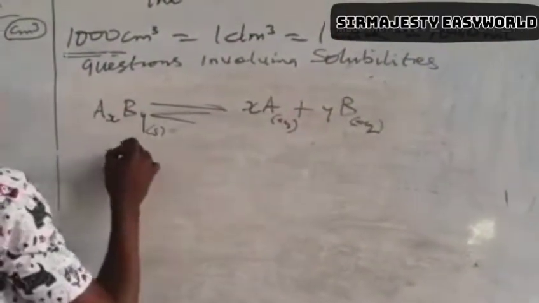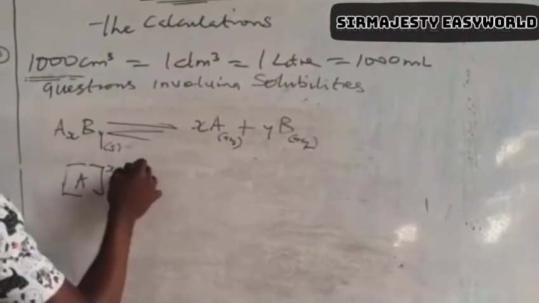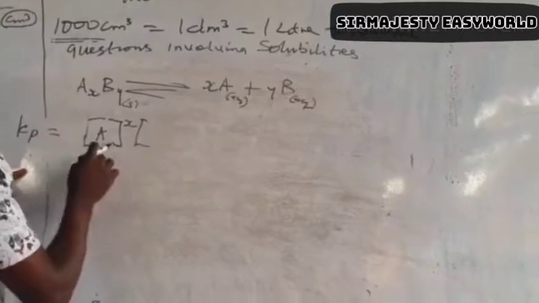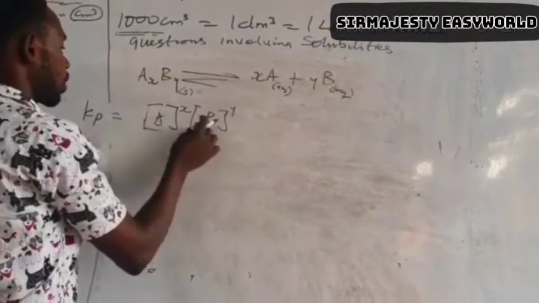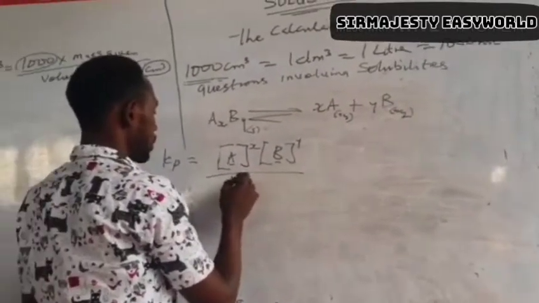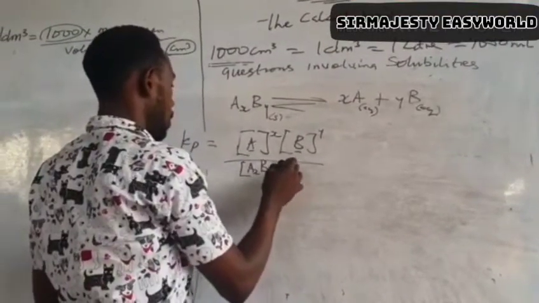Which means the concentration of undissolved is going to be taken as 1. In other words, remember your equilibrium constant. This is just our solubility product, Ksp. Solubility product is now A raised to the power x, B raised to the power y, where these are molar concentrations of A and B, divided by AxBy raised to the power 1.